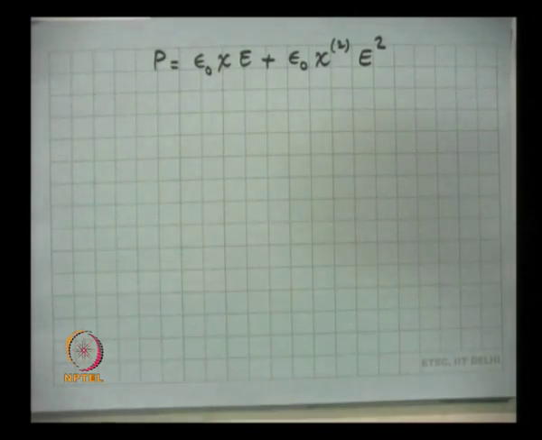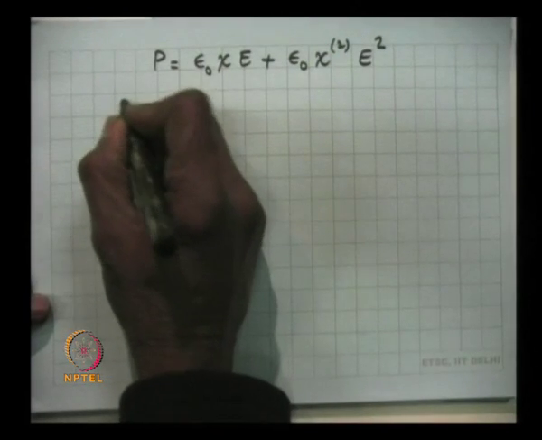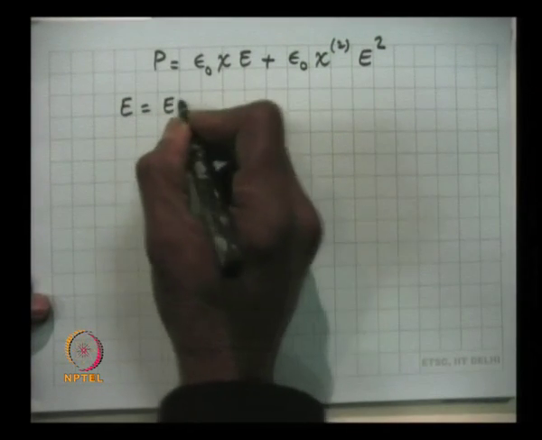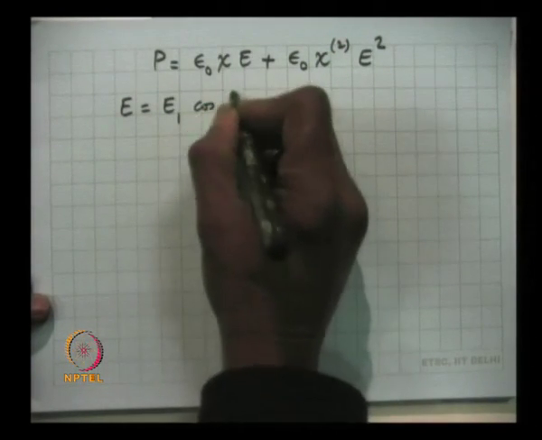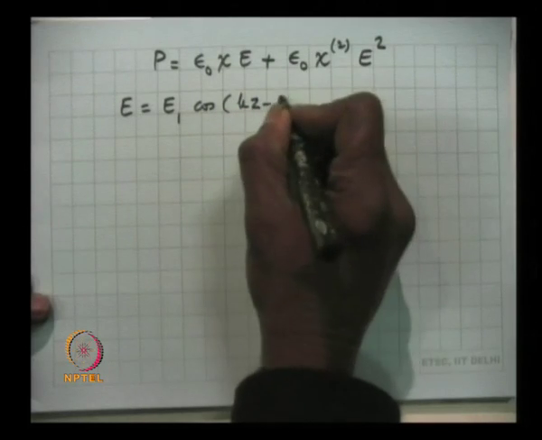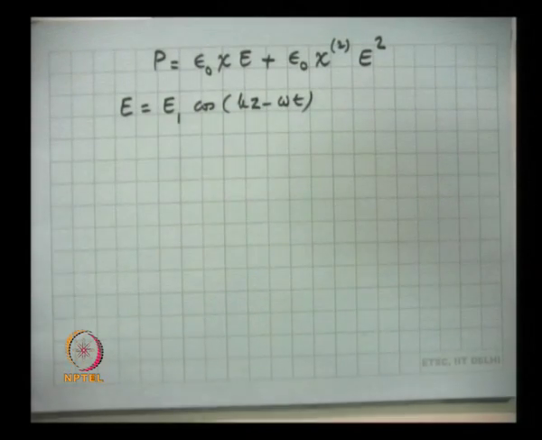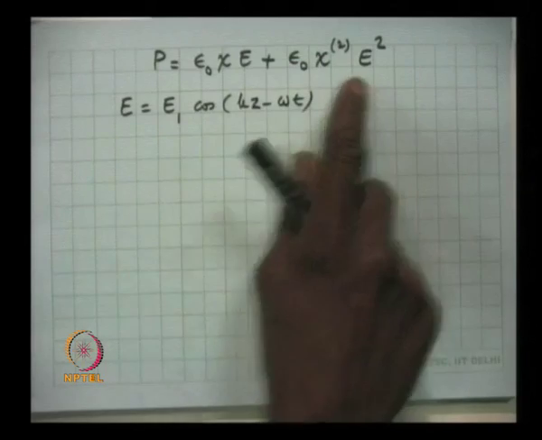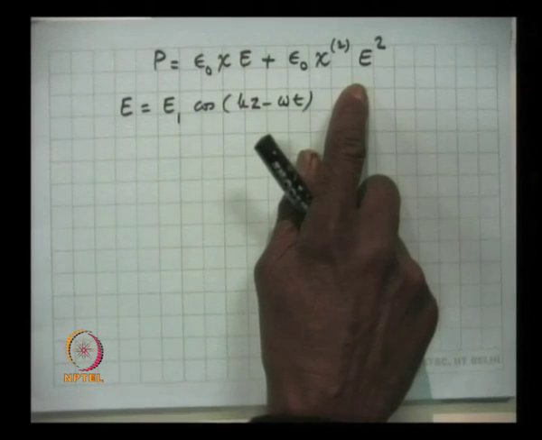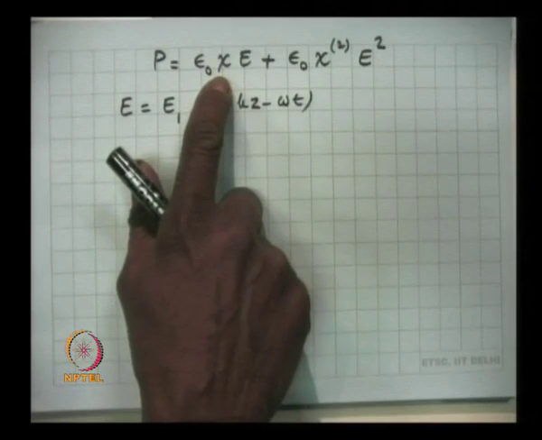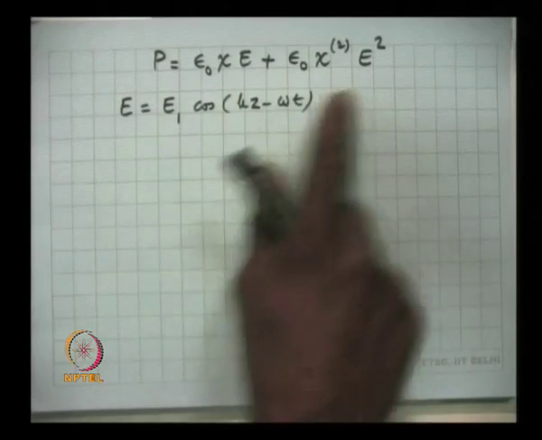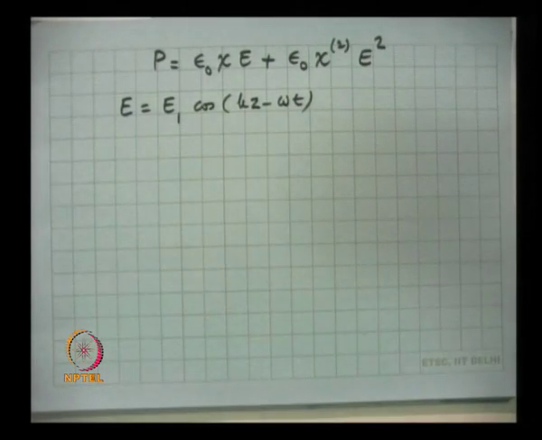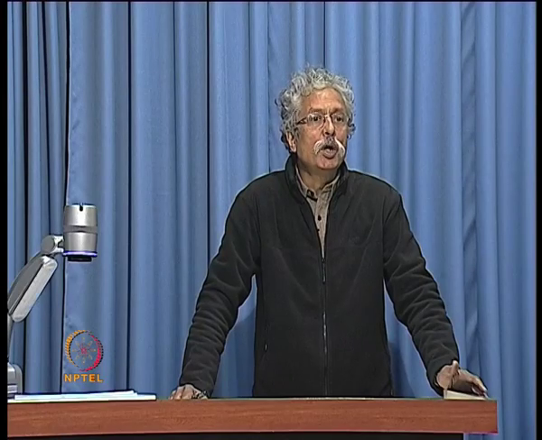And remember, as we discussed last time, if I assume an electric field of the form E 1 cos of k z minus omega t, you found that if you substitute this into this equation, there is a linear component of polarization, and E square gives me a component of polarization at 2 omega frequency, and polarization is nothing but dipole moment per unit volume.